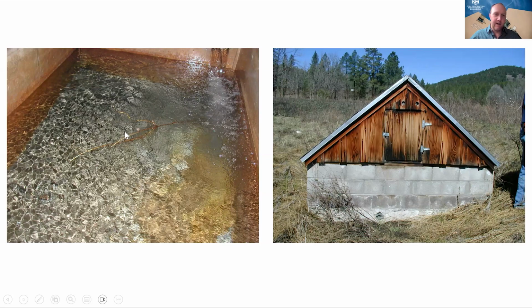There's a big root right there. And then on this photo on the right, you can see there's a vent right here, but there's also potentially evidence of groundwater or surface water coming into contact with this building, maybe even flowing in through this vent.